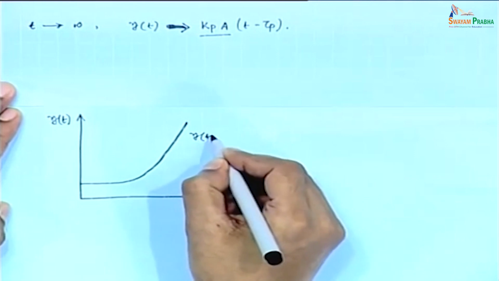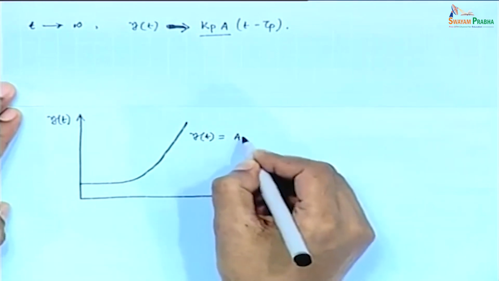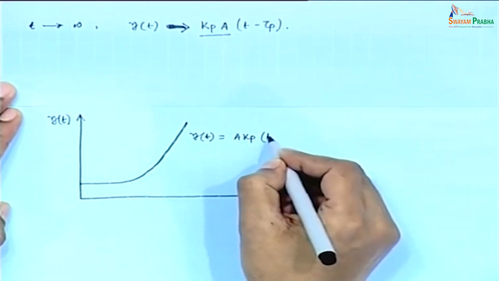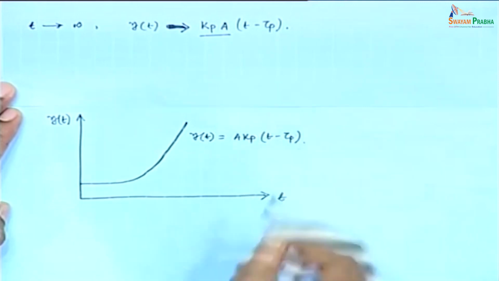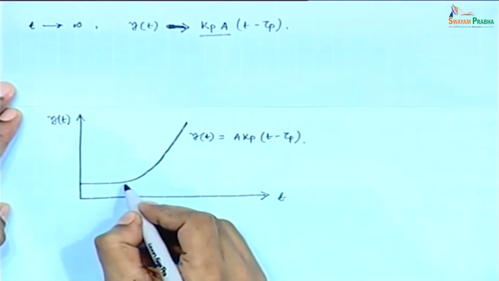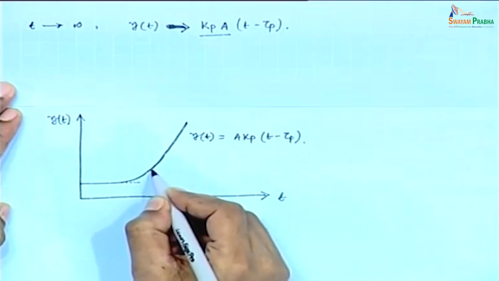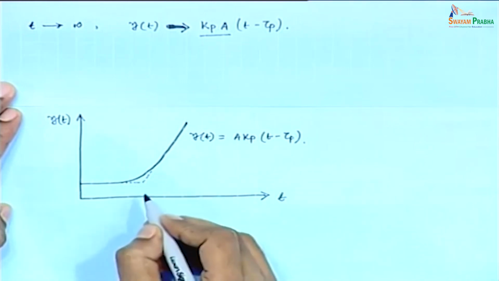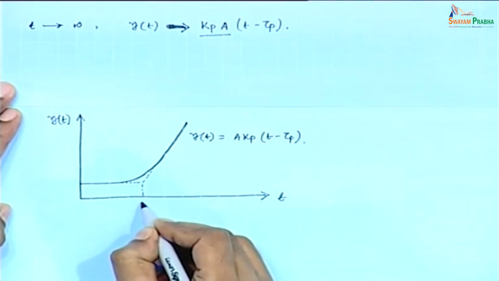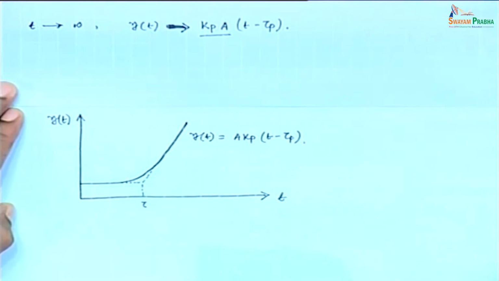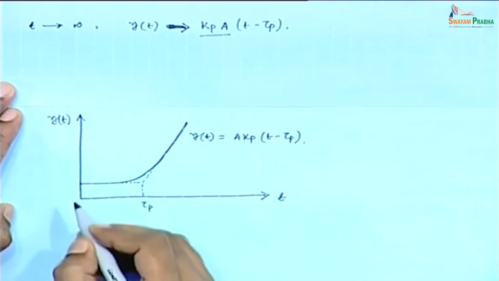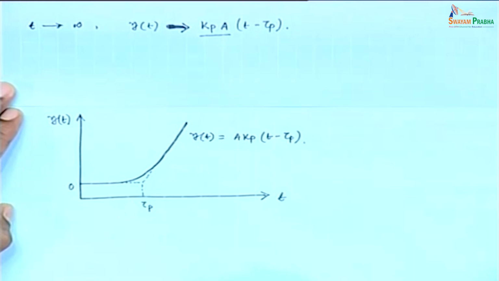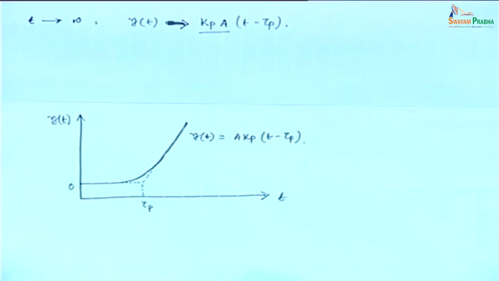This is y(t) equal to Kp(t minus tau p). This is the tau, I mean tau p, this is 0. Fine.